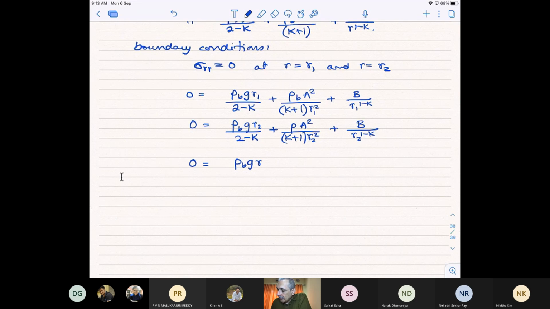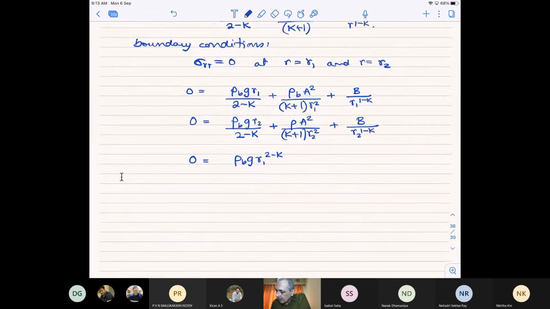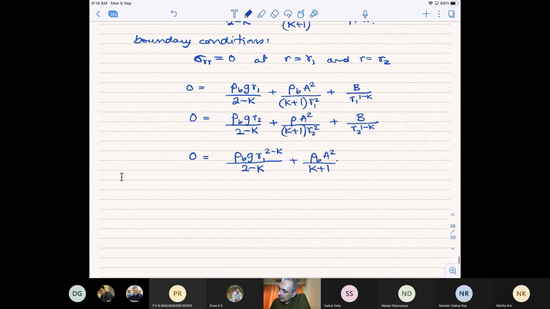Rho b g r1 raised to the power of 2 minus k divided by 2 minus k, plus rho b a squared divided by k plus 1 into 1 by r1 raised to the power of k plus 1, plus b, and this one will be the same equation but with r2.